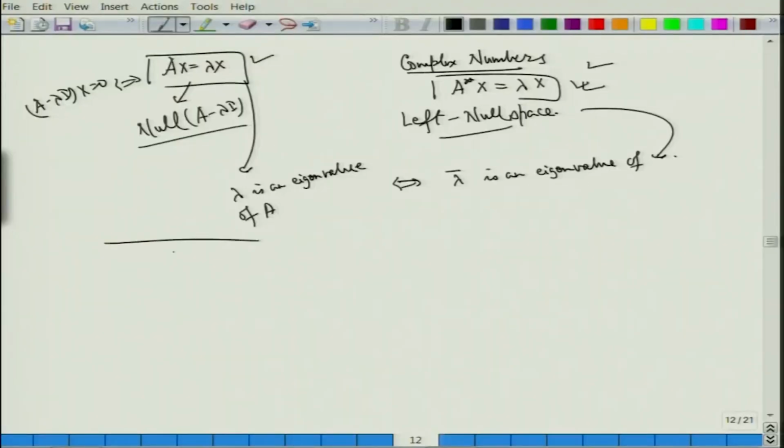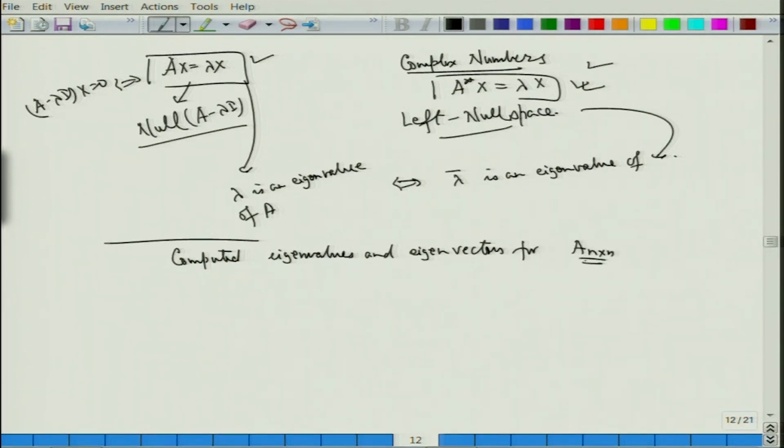All right. So, we have looked at some examples here. One thing we need to talk of: we have computed eigenvalues and eigenvectors for n cross n matrices.